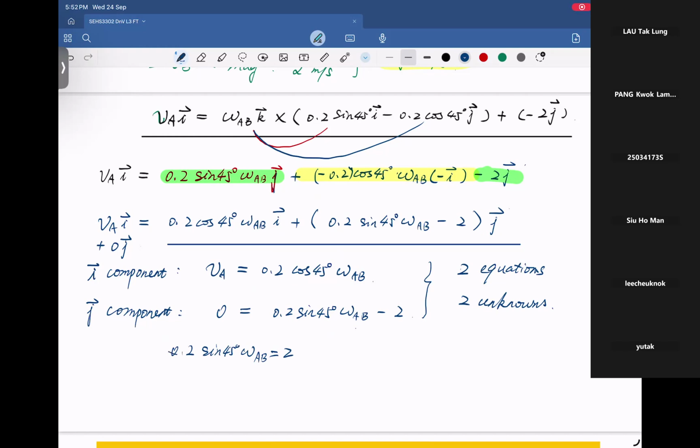So after solving, we find VA is 2 meter per second to the right, or VA is 2 I meter per second. That's it.